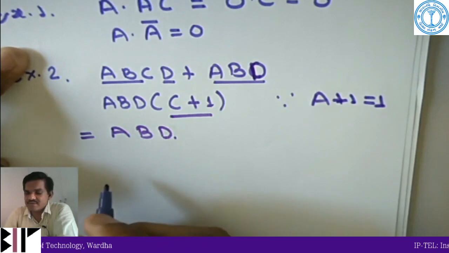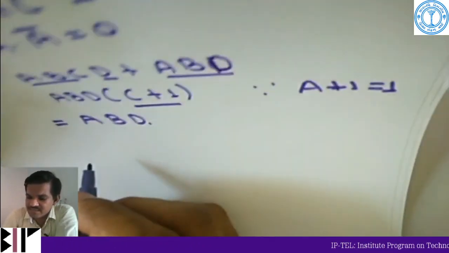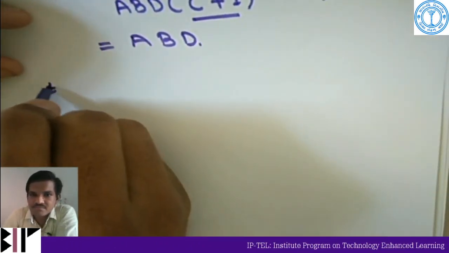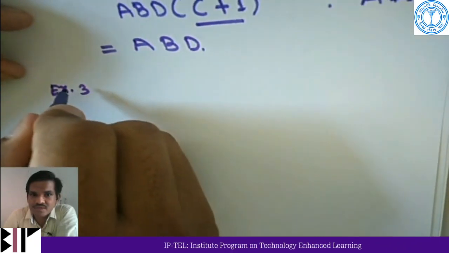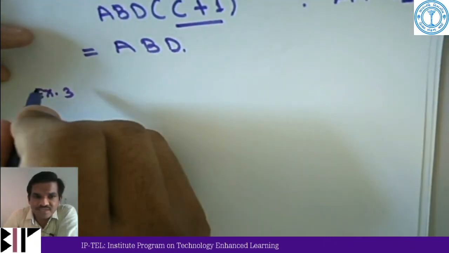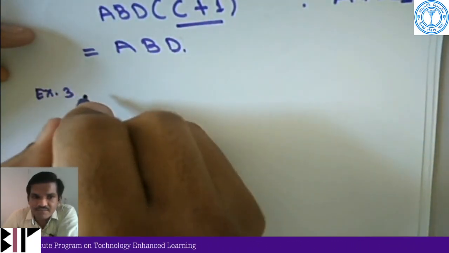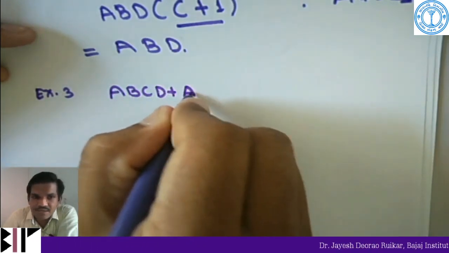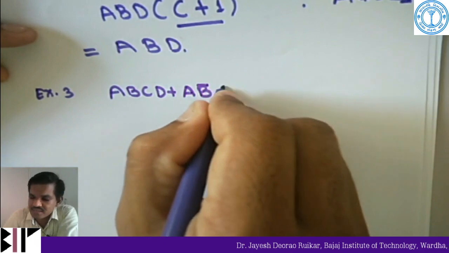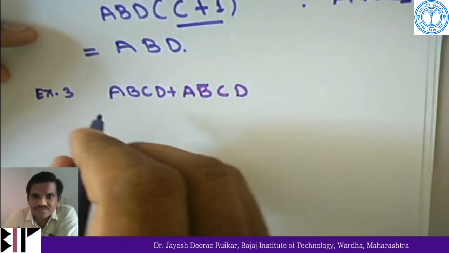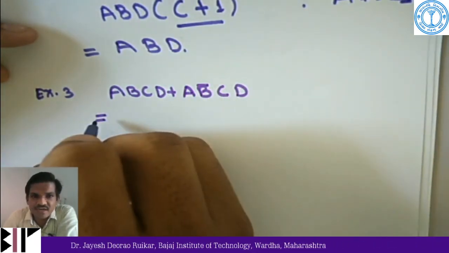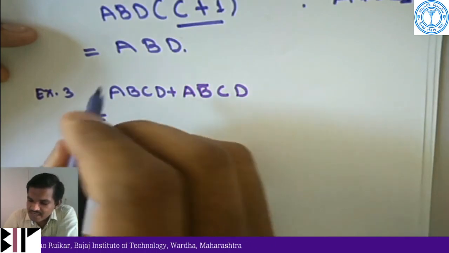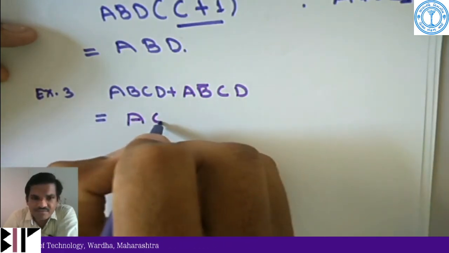Let us take example number 3, third example. Example 3 is a, b, c, d plus a, b bar, c, d. Now what is the minimized equation for this? So for minimization, let us take common a, c, d from this equation.